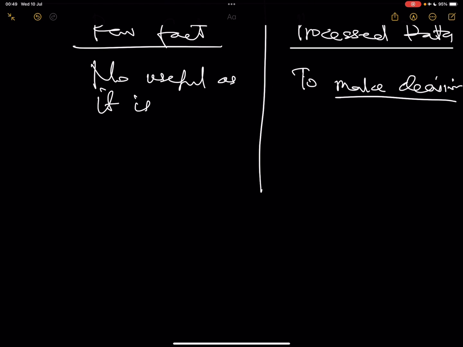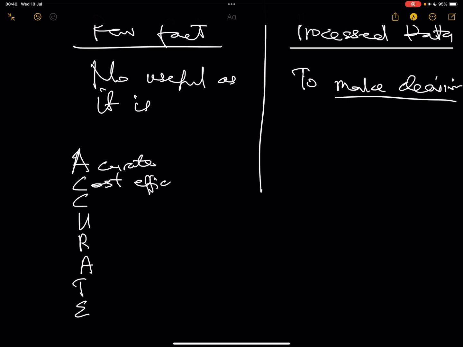How do you know the information that is good? You use this acronym. Accurate. You expect information to be accurate. You expect it to be cost efficient. If it's going to take all your money to get the information, it's not worth it. Also, incomplete information doesn't make sense, so it has to be complete.